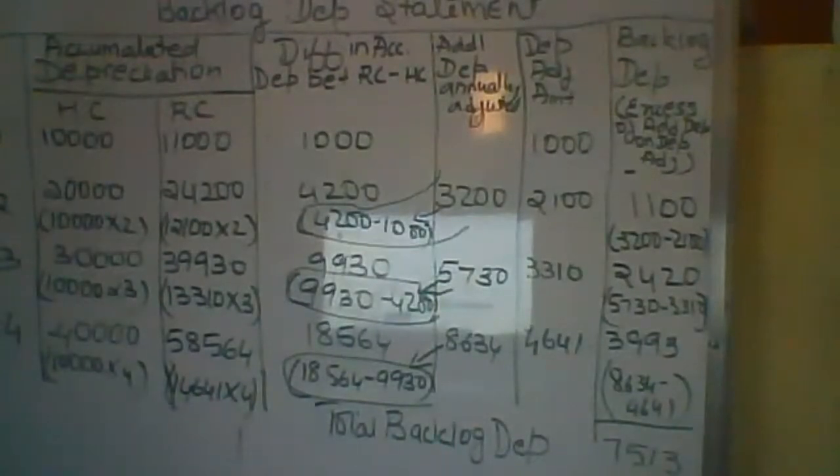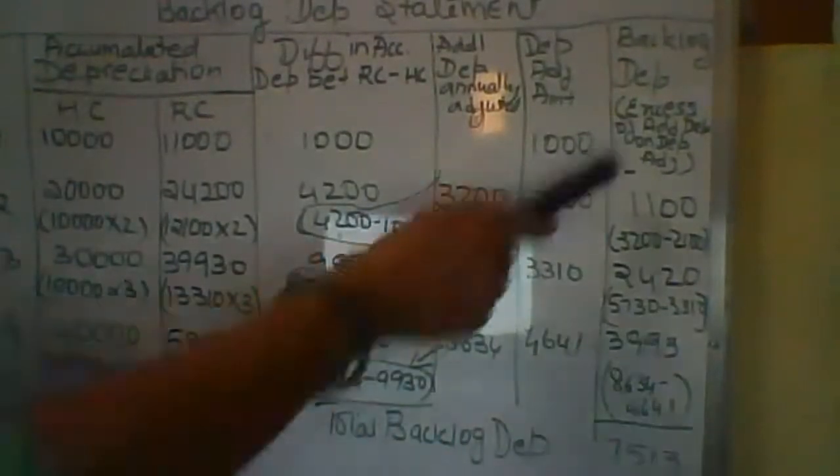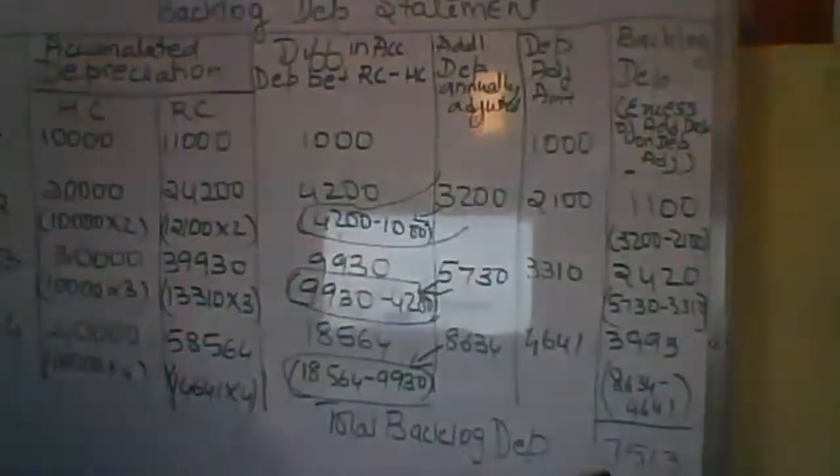Therefore, what would I have? I would have a backlog depreciation, a total of 7,513. What do I mean by that? Excess depreciation which is to be done according to inflationary values is basically that backlog depreciation.